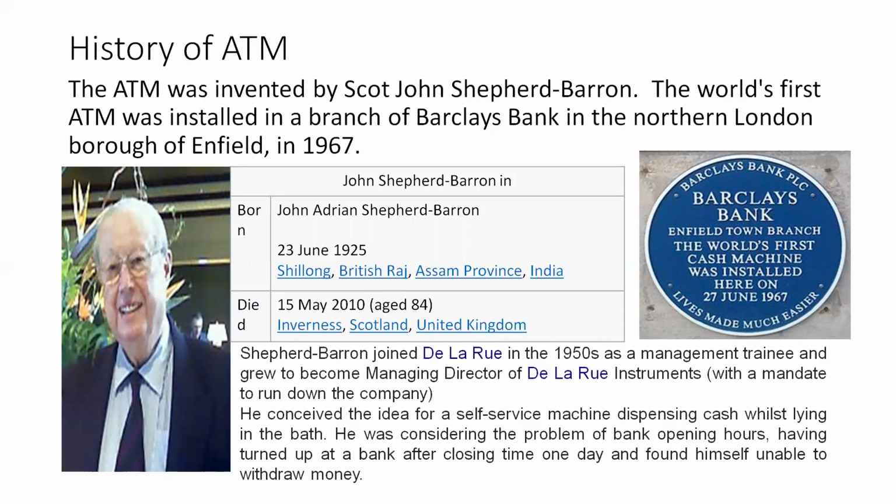Actually, he is an Indian man, though he is an England person, but he was born in India in Shillong, during British time, Assam province, and died on 15th May 2010, aged 84. So please read the history of this person, not necessarily from the examination point of view, but for general knowledge, and even for competitive exams like bank exams. These questions are normally asked. Please pay attention to this.